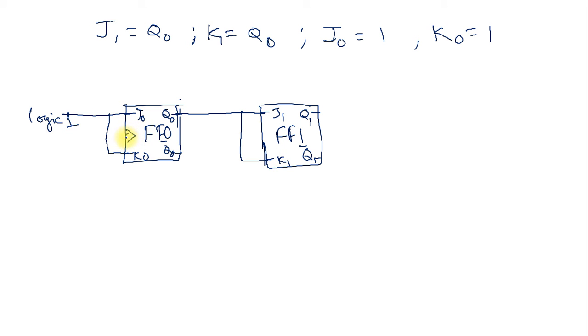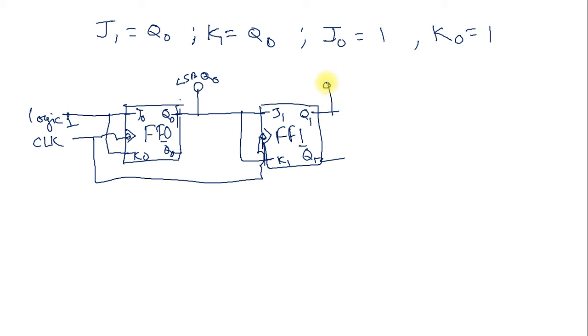I am connecting the negative edge triggered clock, and it's synchronous, so the clock is connected to all flip-flops individually. Now outputs may be taken from Q1 and Q0. This one is the LSB Q0, and this one is the MSB Q1.